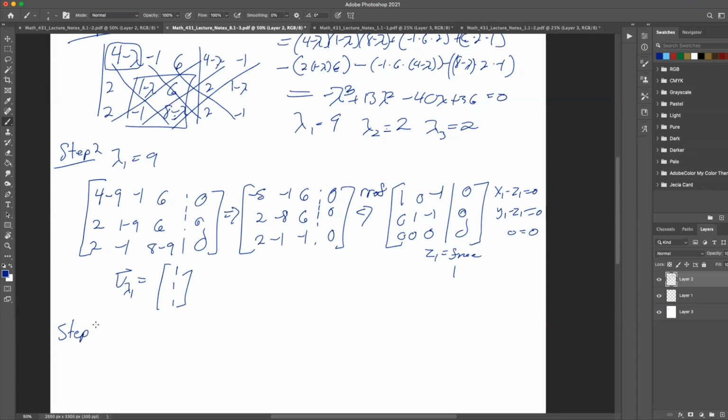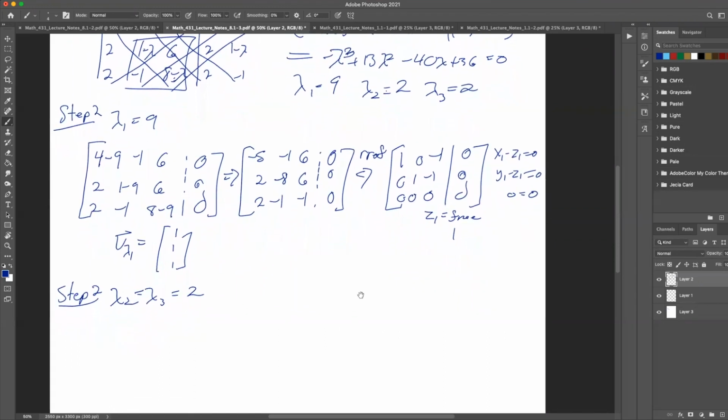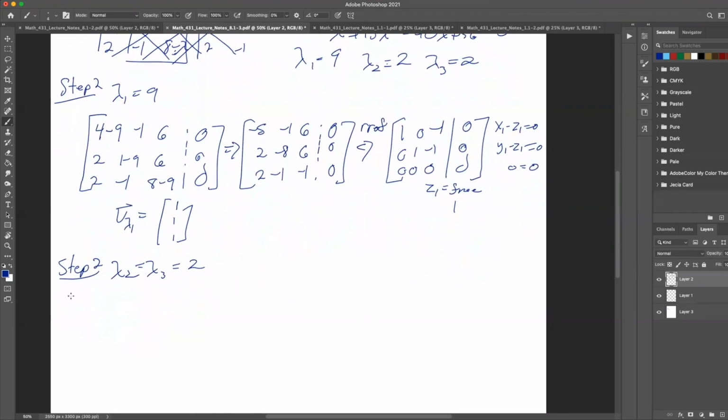All right, so let's look at step 2 real quick for the other one. Lambda 2, which is equal to lambda 3, which is equal to 2. So if 2 lambdas are equal to each other, step 2 will be the same for both, right? So in this case, we're going to have 4 minus 2, -1, 6, 2, -1, 6, 2, -1, 8 minus 2, dot, 0, 0, 0.